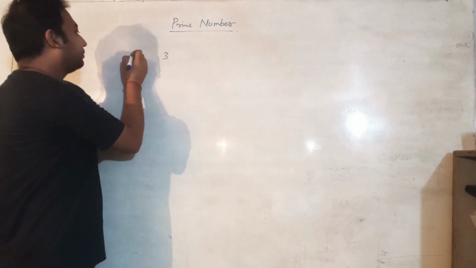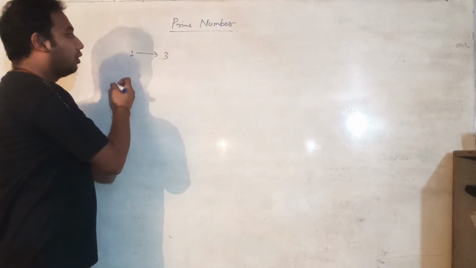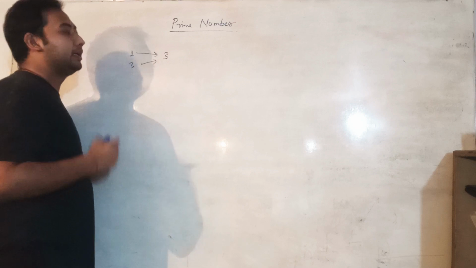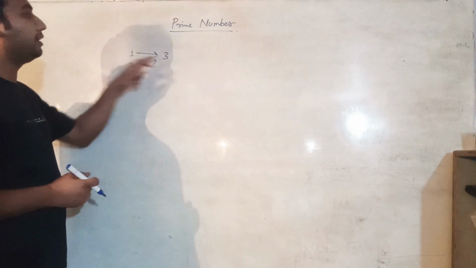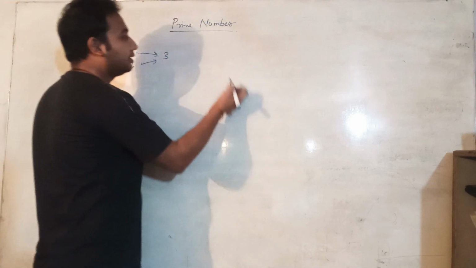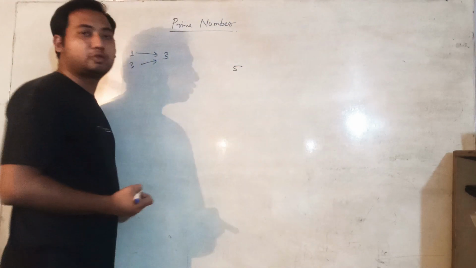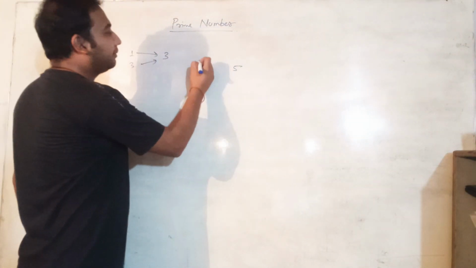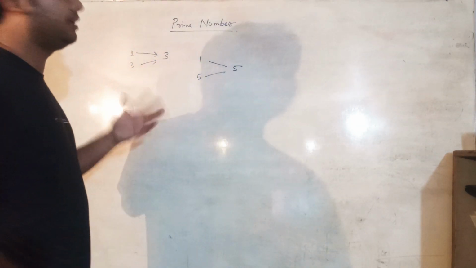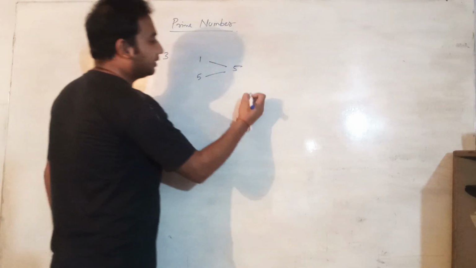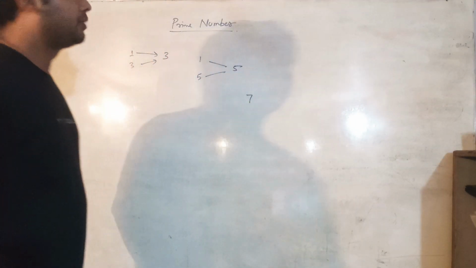It can be divided by 1 or 3 itself. It cannot be divided by any other number, meaning it cannot be divided by 2. In the same way, 5 is also a prime number. It can be divided by 1 and by 5, but it cannot be divided by any other number. In the same manner, 7 is also a prime number.